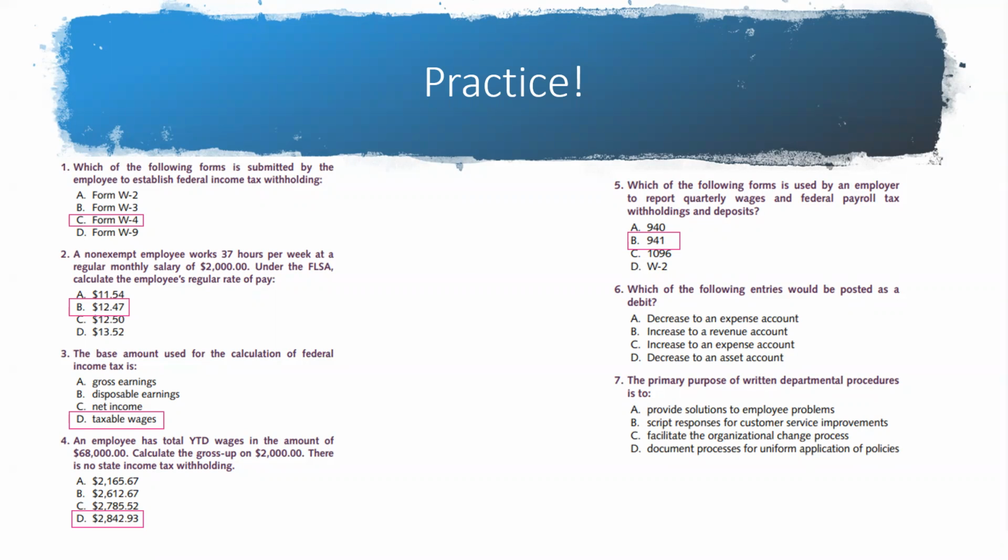Number 6, which of the following entries would be posted as a debit? A decrease to an expense account, an increase to a revenue account, an increase to an expense account, or a decrease to an asset account? Again, we're looking for debit.